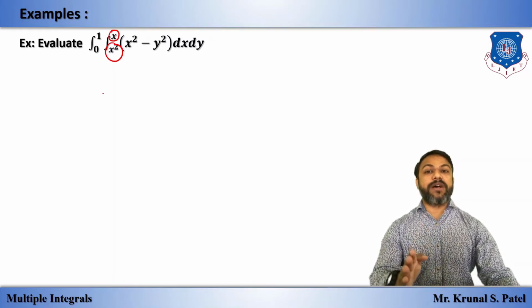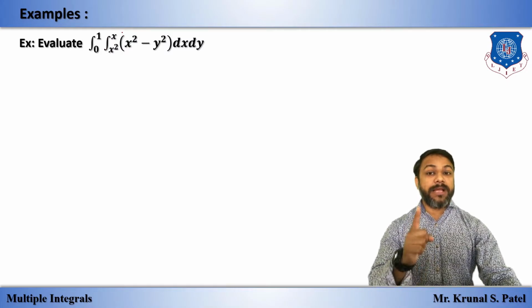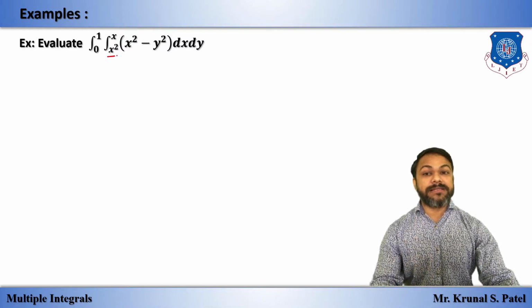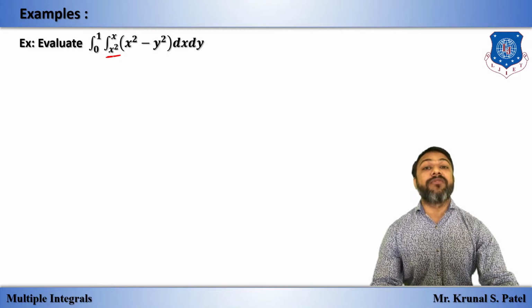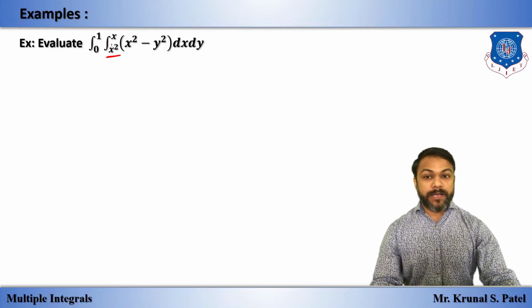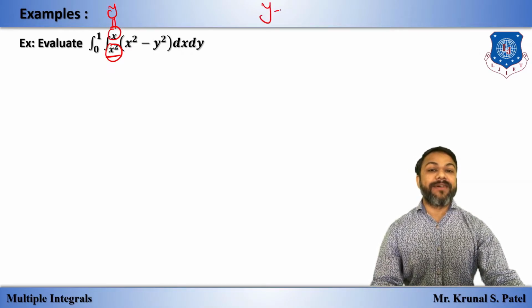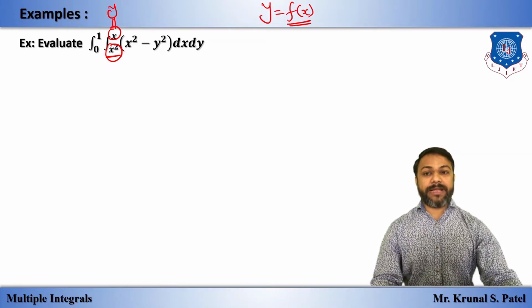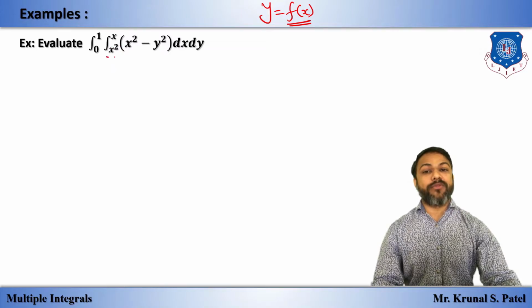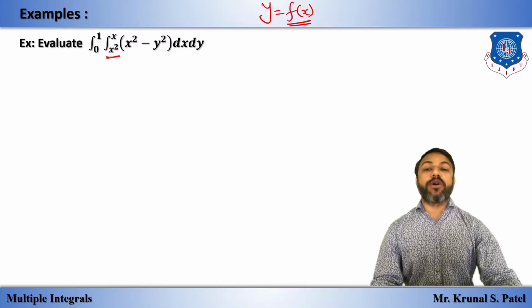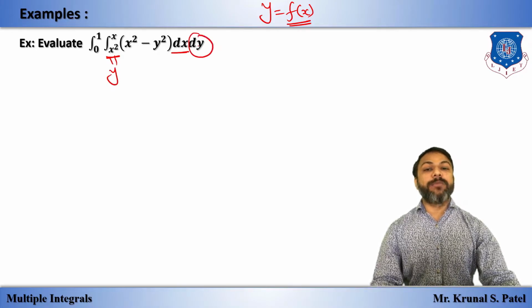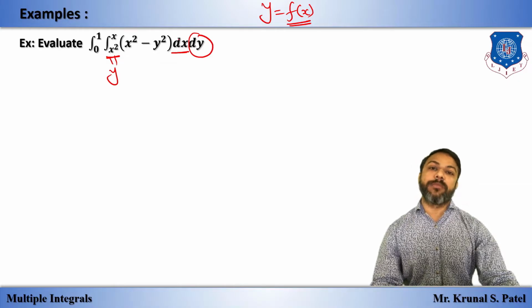The variable given in the inside limit is x, so it is a limit of y, because as I said, y is equal to a function of x. So whenever the inside limit is in the form of x, which is the limit of y, compulsorily dy should be inside and dx should be outside.